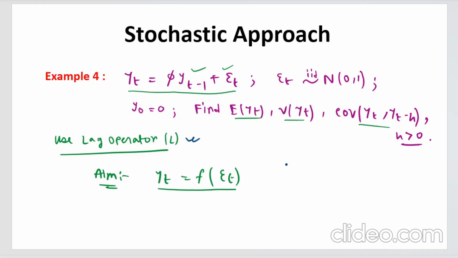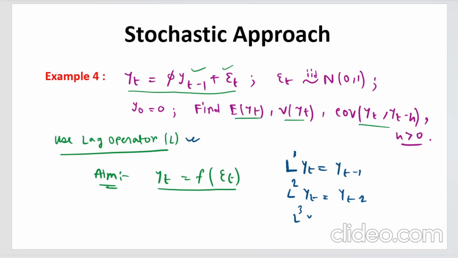How to use lag? Lag comes in before the expression, or before the stochastic process, right? So if you write lag of yt, it simply means yt minus 1. So here the lag power is 1. If you write lag square yt, it will mean yt minus 2.